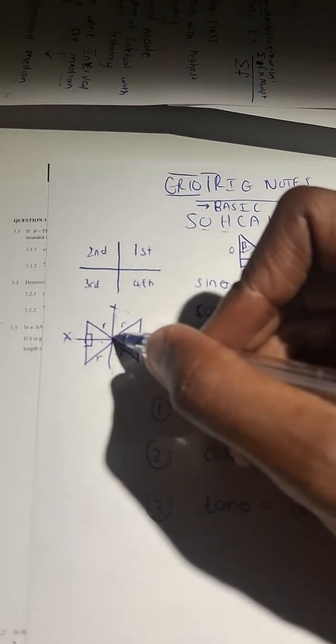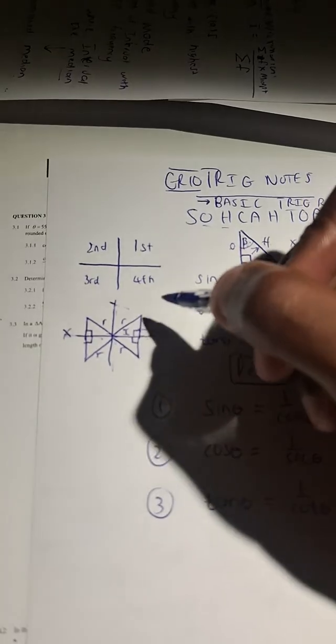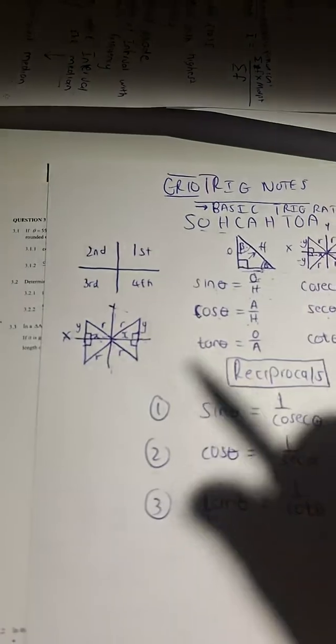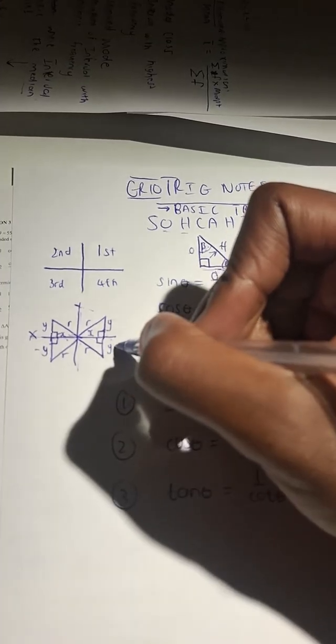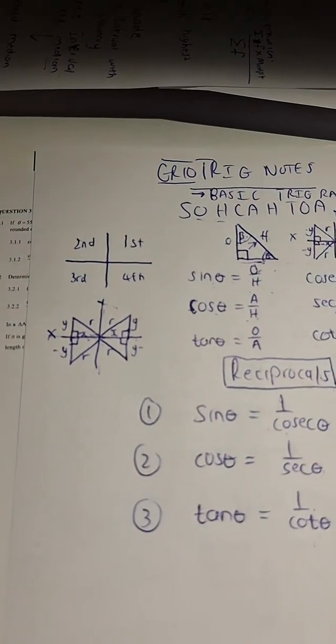So x here is positive whilst y is positive. X here is negative whilst y is positive. X here is negative whilst y is also negative. X is positive here whilst y is negative.